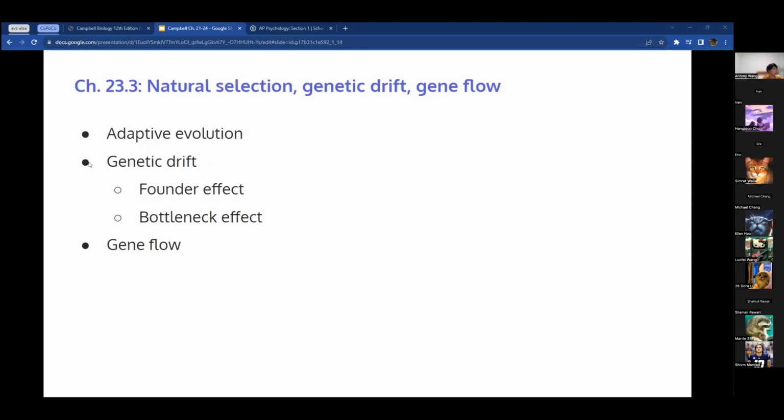Genetic drift is just random. Remember, evolution is the change in allele frequencies. So genetic drift is a change in allele frequency, and therefore it is evolution, but it's not motivated by any reason. It's just by chance that this one allele happened to be passed on more often than this other allele.